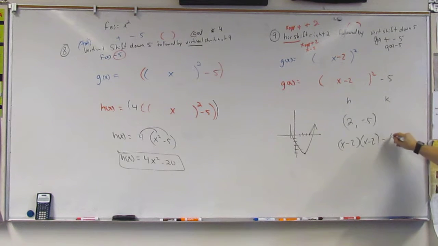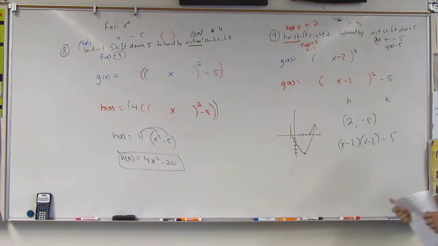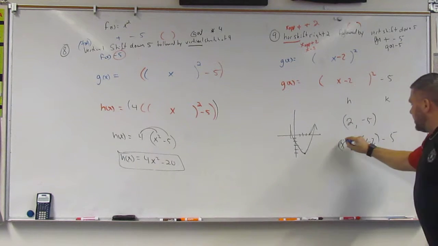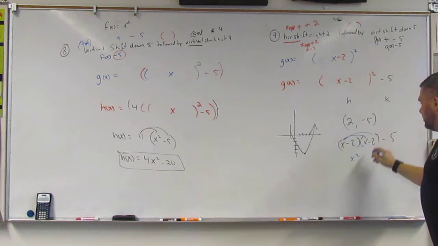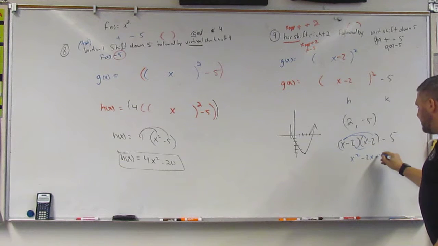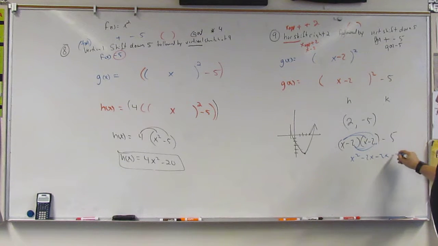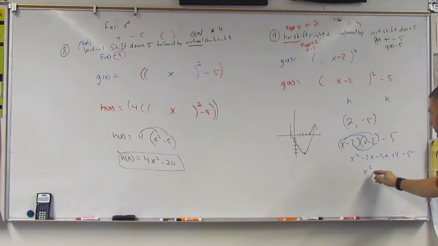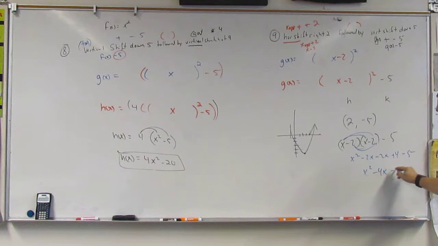And then you're going to subtract 5. And when you do that, you're going to get x times x, which is x squared, minus 2x, minus 2x, or plus 4, minus 5. x squared minus 4x minus 1.